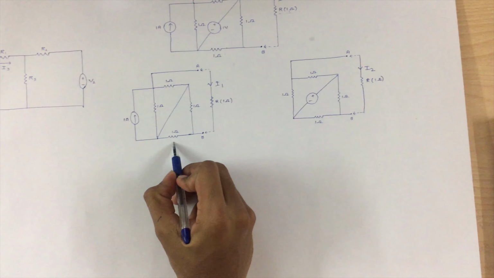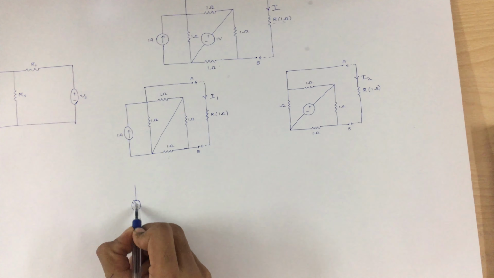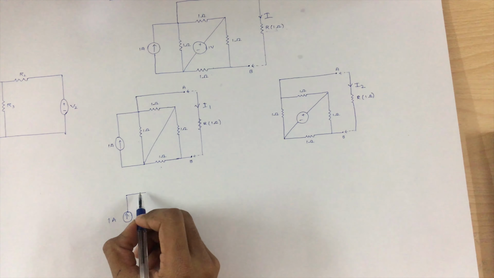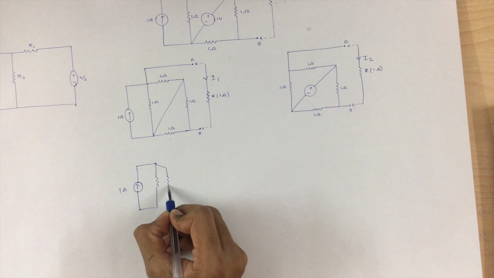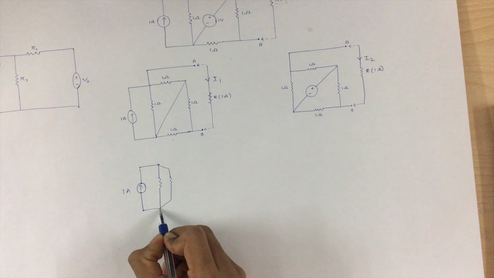So the equivalent circuit for this will be, as you can see here, these two resistances have been drawn in parallel, which will represent the equivalent circuit.